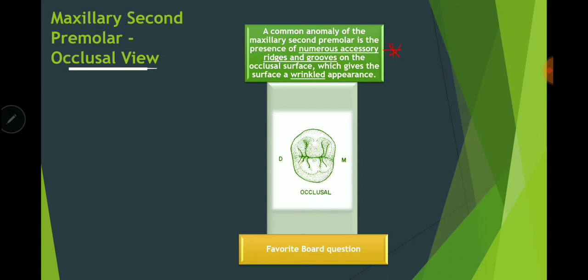So when it has multiple ridges and grooves, it appears to be wrinkled. As you can see, it has some ridges and grooves here, and so it's going to appear like a wrinkled face. Okay, that's a favorite board question.